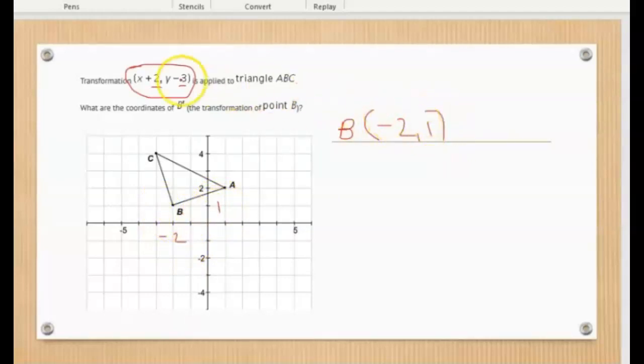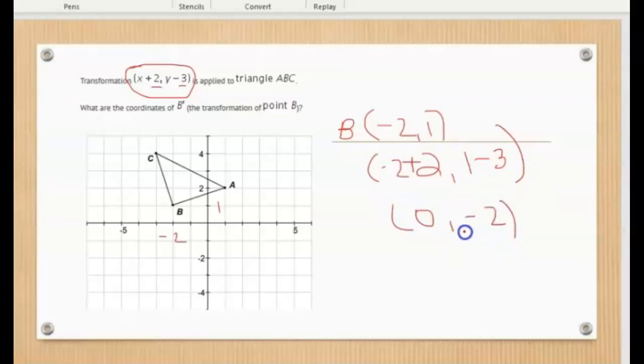So all we have to do is apply this transformation rule. This is one way you'll see the rules written. I'm going to add 2 to my x value, and subtract 3 from my y value. Negative 2 plus 2 is 0. 1 minus 3 is negative 2. That's the new B prime. I just applied the rule. That's it.